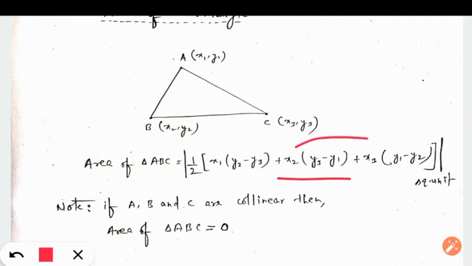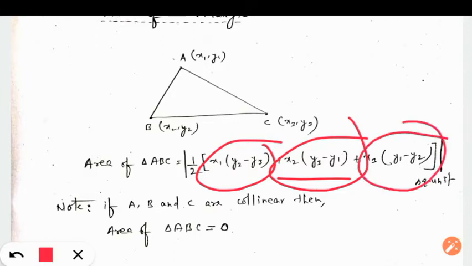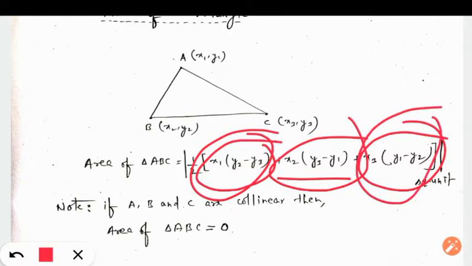So in the middle one there is an exception, greater minus smaller, but in the front and in the back you can memorize like this. In the first term we have smaller minus greater, y2 minus y3, and in the last one we have the same thing, smaller minus greater, but in the middle we have greater minus smaller.